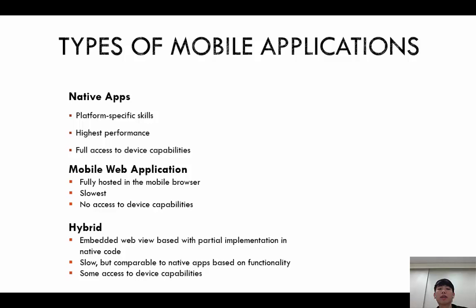And then we have the hybrid mobile application. It's somewhere between the native application and mobile web application, whereby it is slow but it has access to the device capabilities, your phone capabilities, such as the sensors and so on.